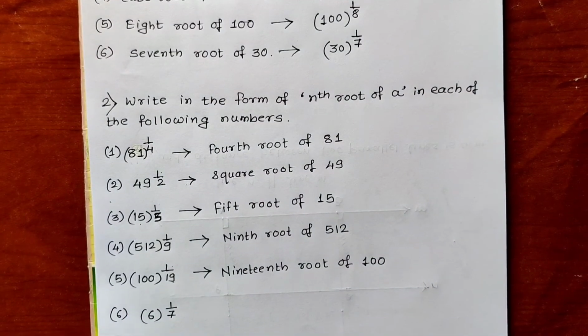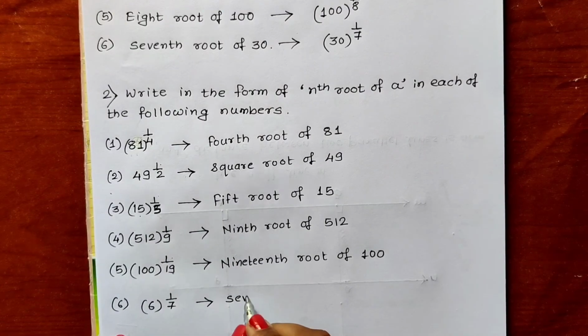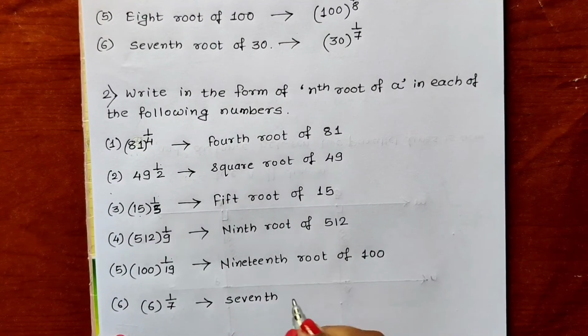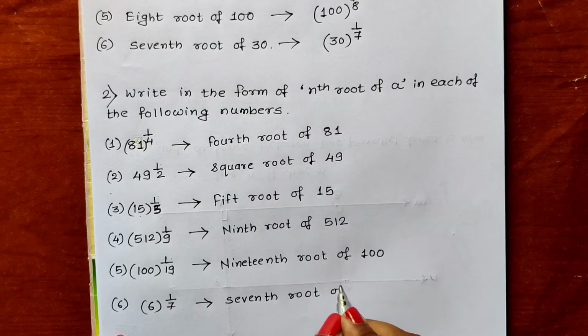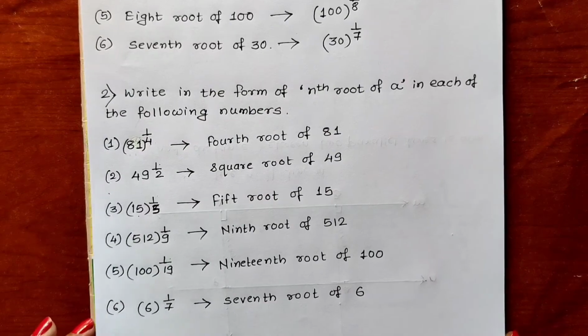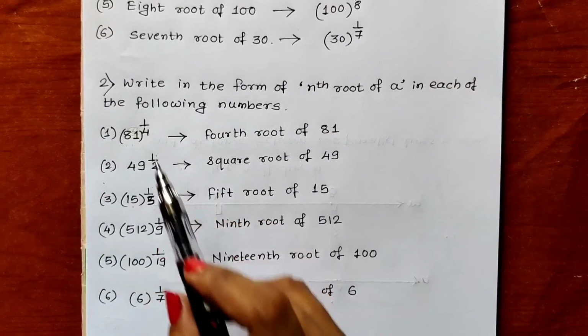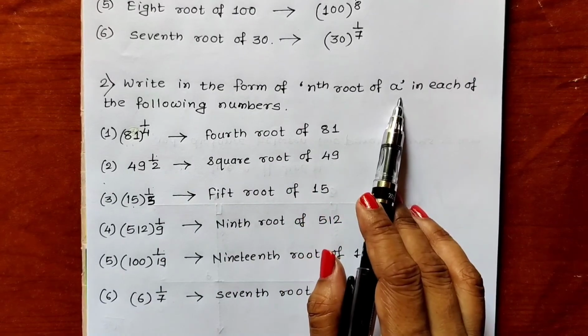Now the last sum. Index is 1 upon 7. Base is 6. So 1 upon 7 means what? 7th root of, what is the base? Base is 6. 7th root of 6. In this way we can express the given index form in nth root of a.